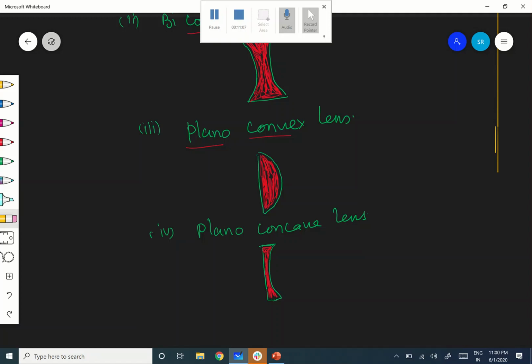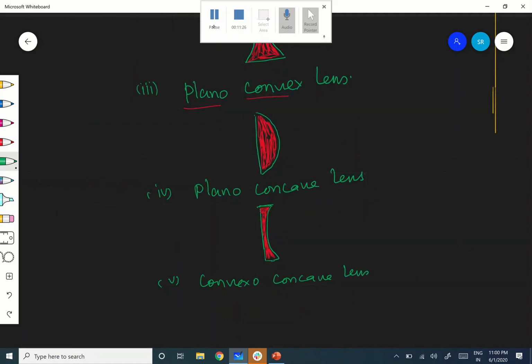Like that you can have so many, like convexo-concave. Let me give you what is convexo-concave. The first side is convex and the other side will be concave. Correct? This side is concave and this side is convex. Here it is plane and here it is concave.